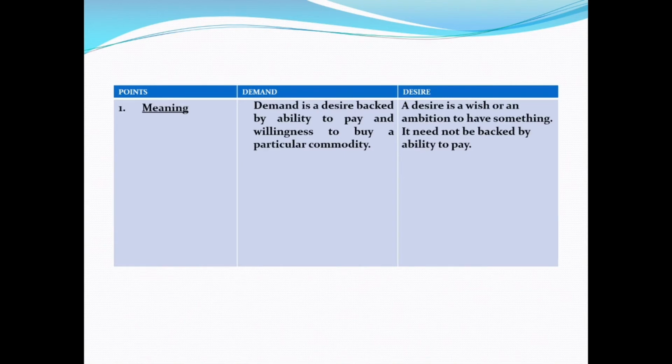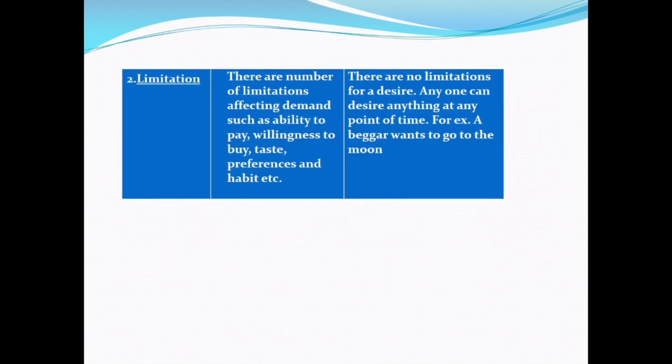Moving on to the next point. The next point is limitation. There are a number of limitations that affect demand. Yes, my dear students, in the previous video lectures, we studied that there are many factors which affect demand, or we can say many determinants which are crucial in understanding demand, such as price, income, taste, habits, preferences, or ability to pay. If these things are not there, demand might not get affected.